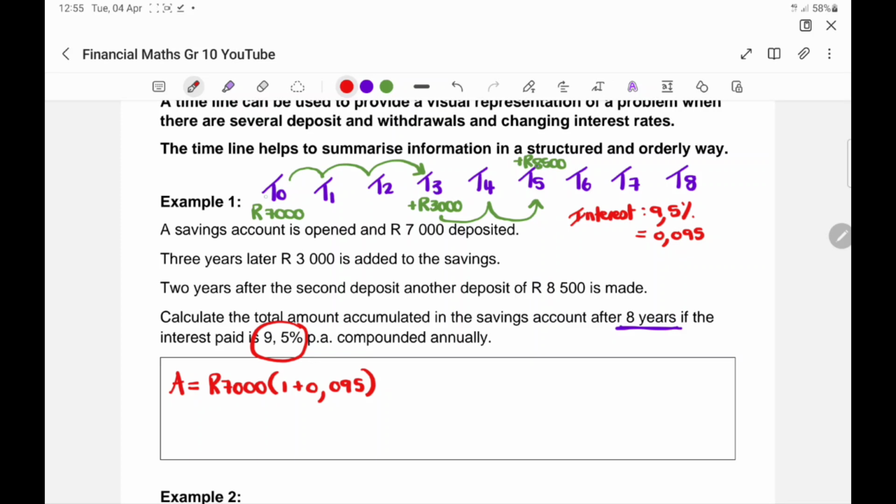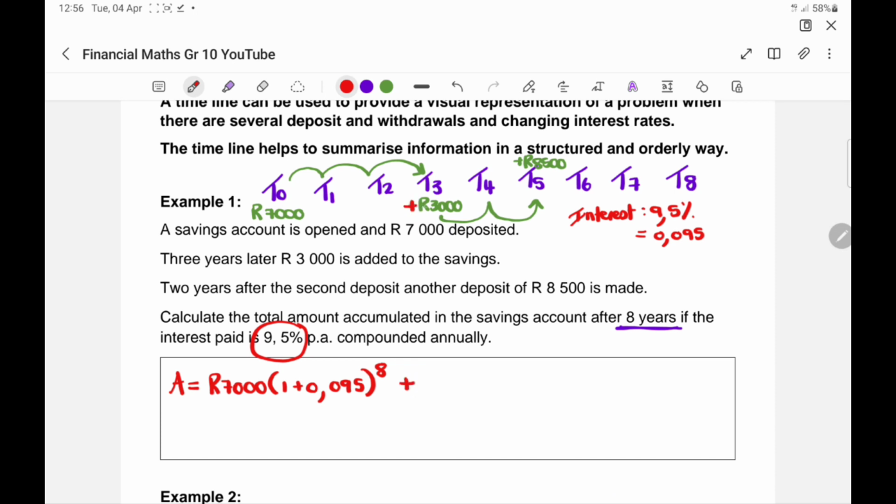So I always say from 7,000 that you've got there, how many bunny hops all the way to the end? So it's 1, 2, 3, 4, 5, 6, 7, 8 bunny hops. So I'm just going to delete that so I don't mess over my timeline there. So it's all raised to the power 8.